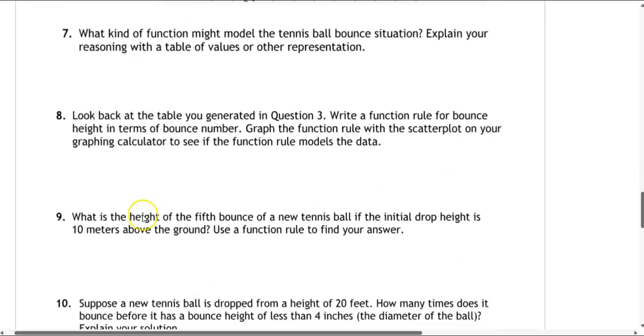What kind of function might model the tennis ball bounce situation? Explain your reasoning with a table of values or other representation. Okay, so we have exponential decay. So let's say that's what we have here.